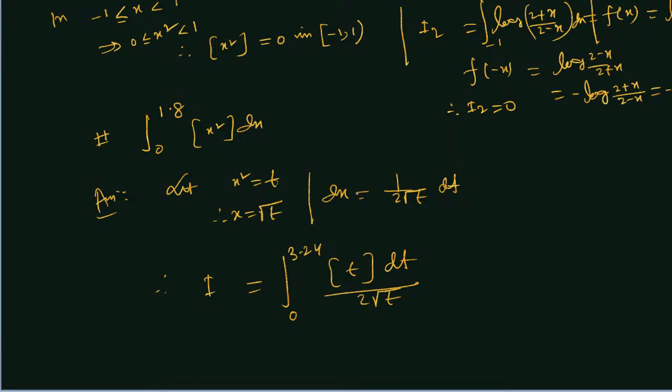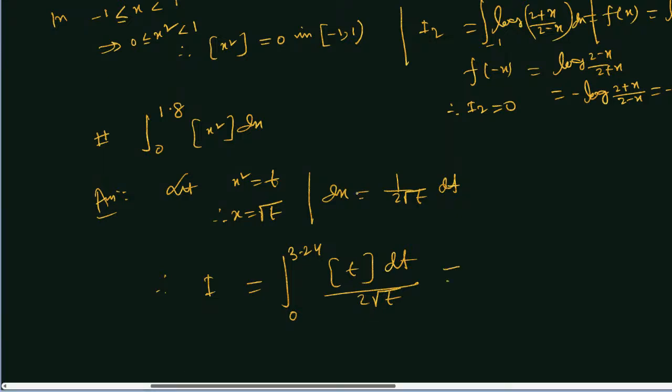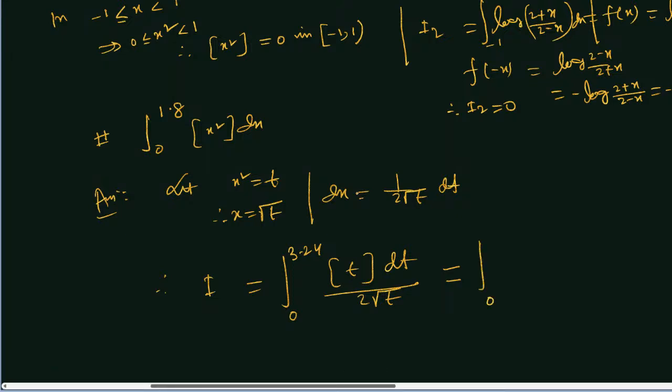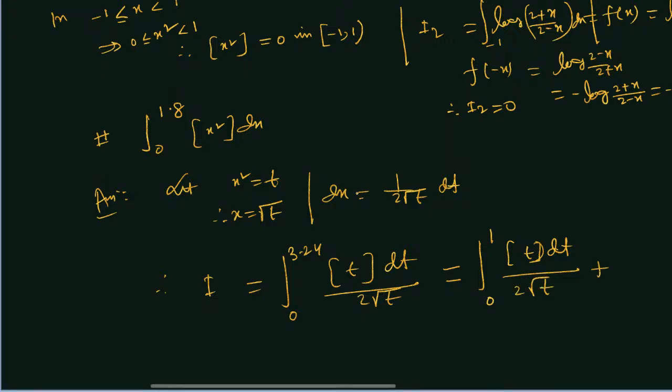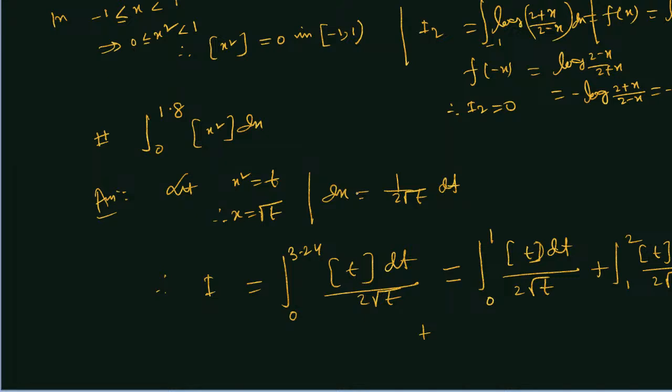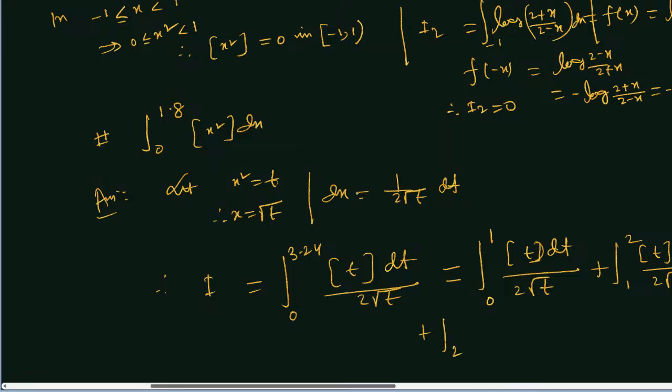Now, since the modulo function is involved, we will be doing it by splitting into intervals. 0 to 1, modulo t dt by 2 root t, plus 1 to 2, modulo t dt by 2 root t, plus 2 to 3, modulo t dt by 2 root t.